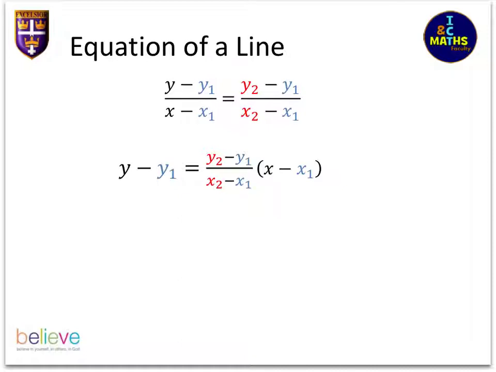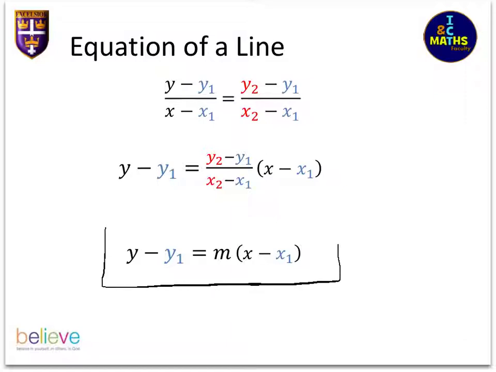Right, so this is beginning to look a bit more like an equation of a line, and this is especially so when we consider that this particular fraction here should remind us of what we found earlier on. This is the calculation for finding the gradient, and this particular equation here, this is really, really important.